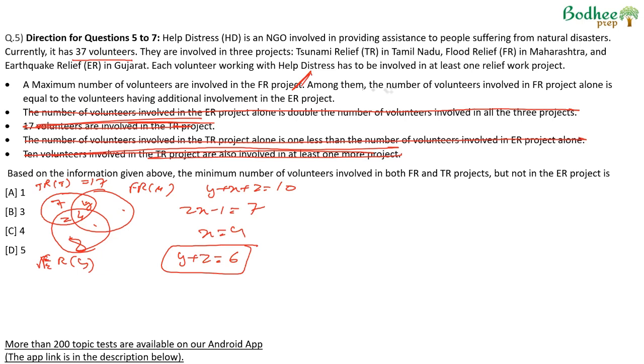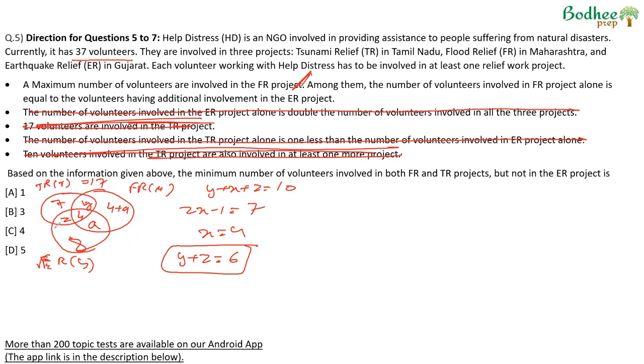Let us use the second, but among them, among the FR people, the number of volunteers involved in FR project alone is equal to the number of volunteers having additional involvement in ER project. So if this is A, this will be 4 plus A. Involvement in FR alone is equal to involvement in FR and additionally ER.